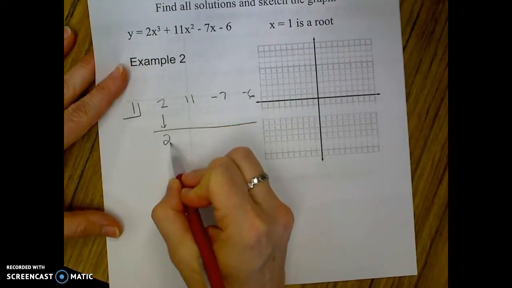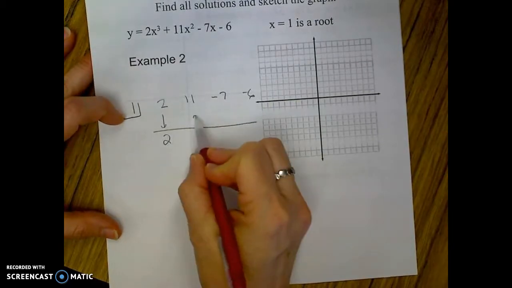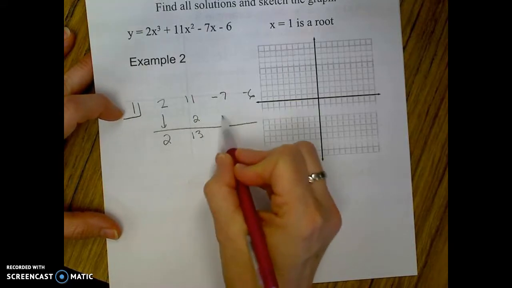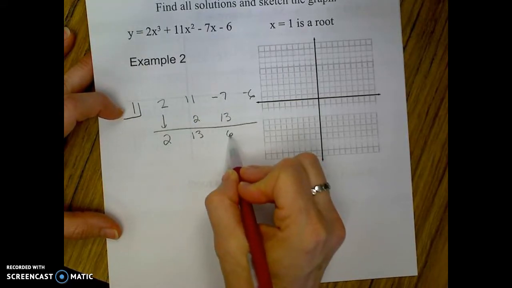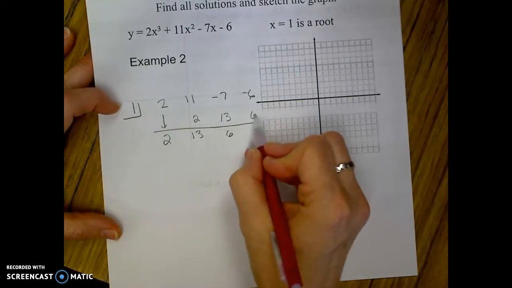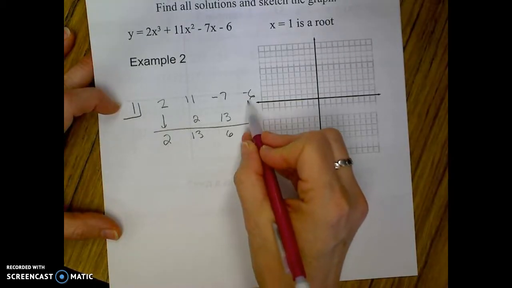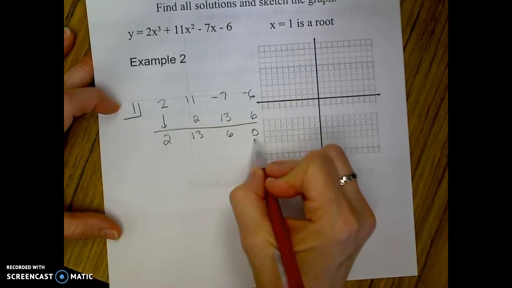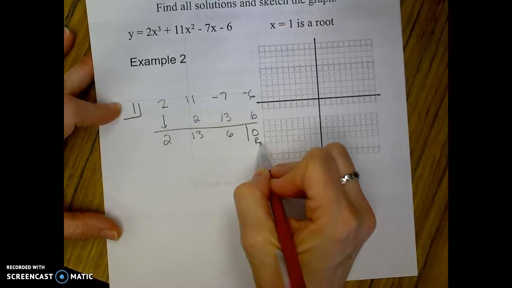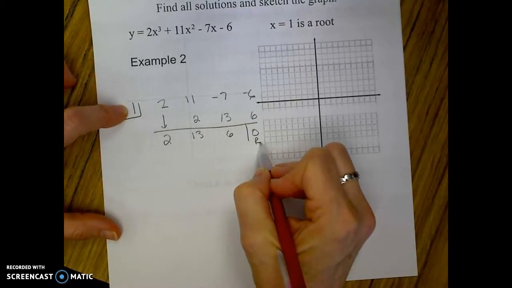So I'll pull the 2 down. 2 times 1 is 2. That gives me 13. 13 times 1 is 13. That gives me a 6 when I combine it with negative 7. 6 times 1 is 6. And 6 minus 6 is indeed 0. That gives you a remainder of 0. You knew it should because you were dividing by something that was a root.